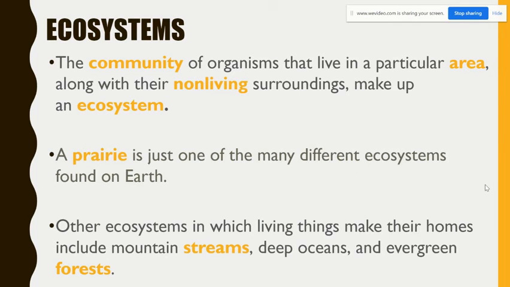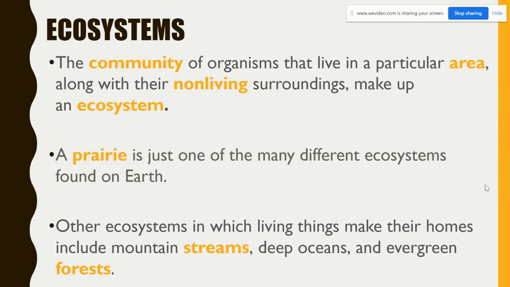So once you get past a community, the community of organisms lives in a particular area. When you add in those non-living surroundings, or those abiotic factors such as water and sunlight and the soil, it makes up what we call an ecosystem. So a prairie is just one type of ecosystem, and there are other ecosystems that have different organisms and different abiotic factors.